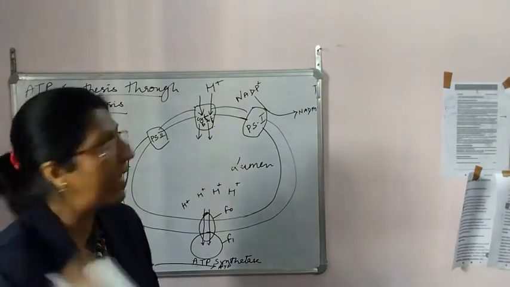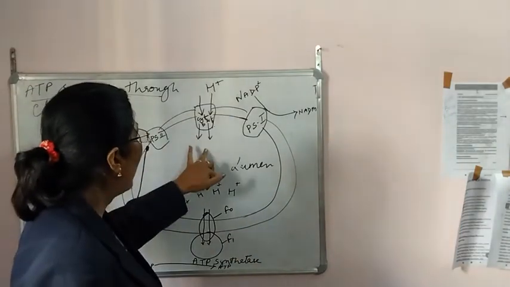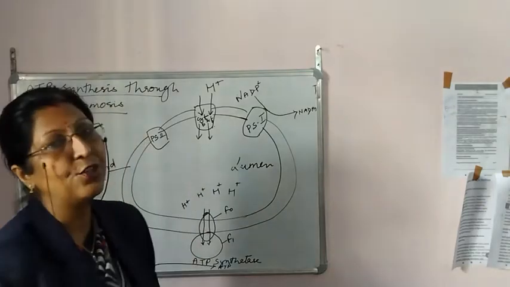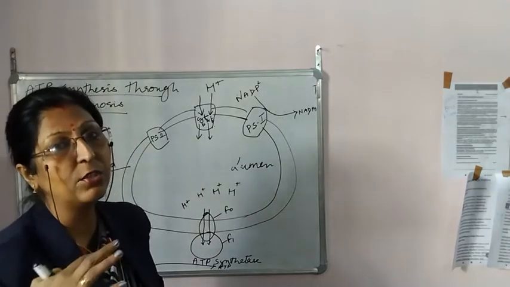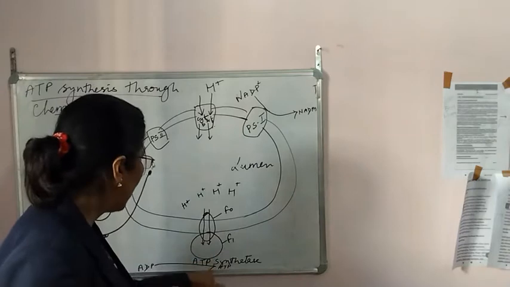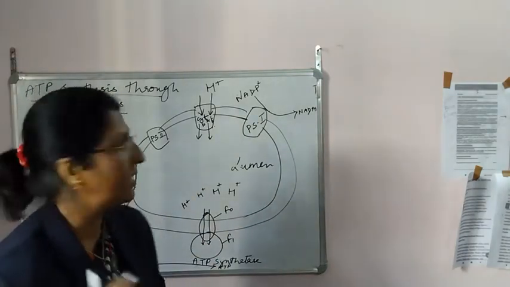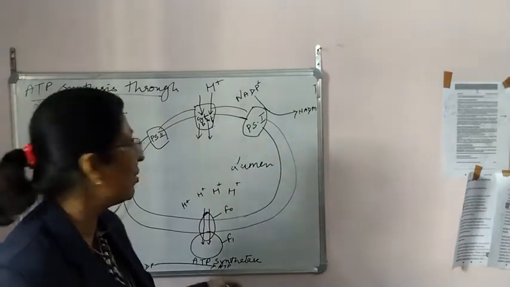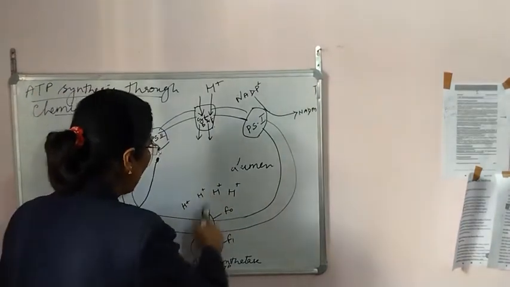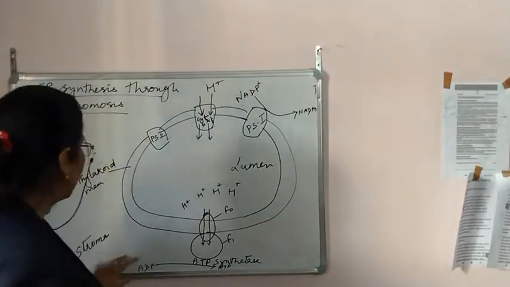It is transported and finally enters inside. And because of the difference, the hydrogen ions again pass through the channel created by ATP synthetase. If you remember the F0 F1 molecule, through this F0 the H plus ions come to the stroma.